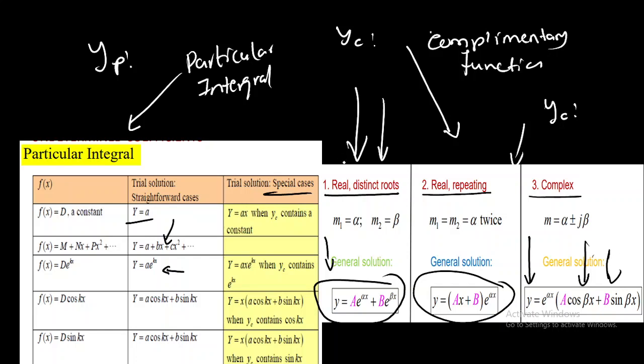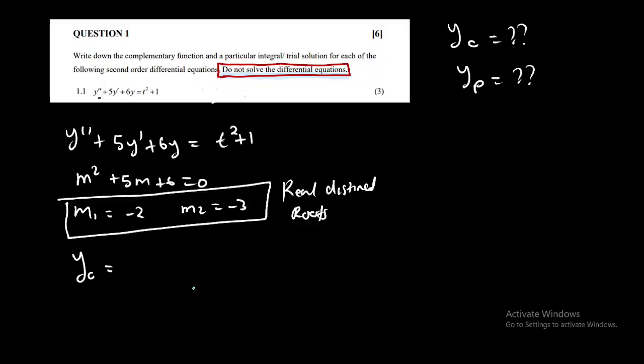If you have real distinct roots, you use this equation for your complementary function. This implies that your yc is going to be a e to the exponent minus 2t plus b e to the exponent minus 3t.